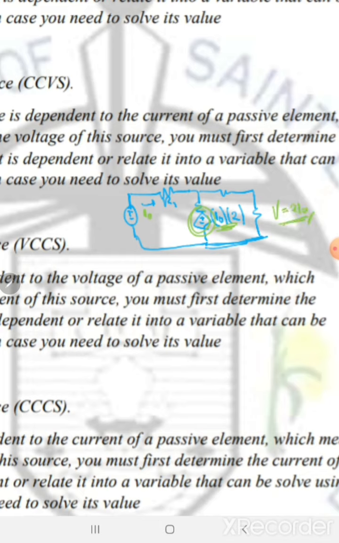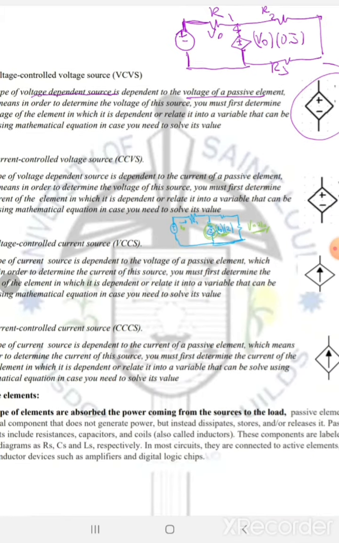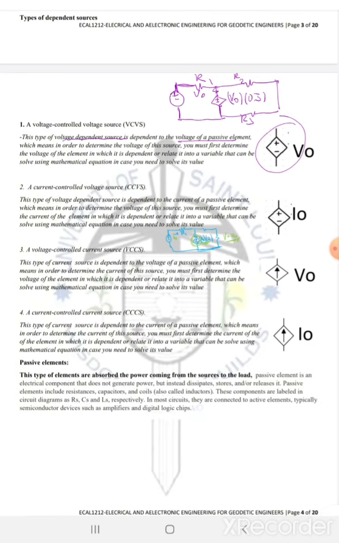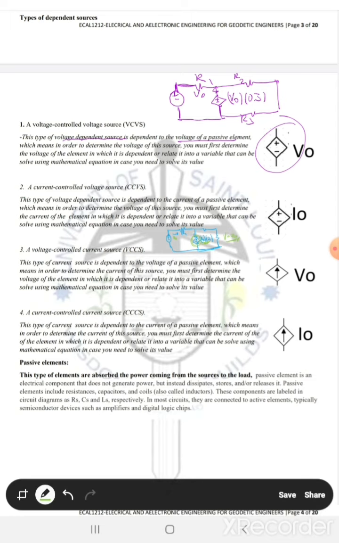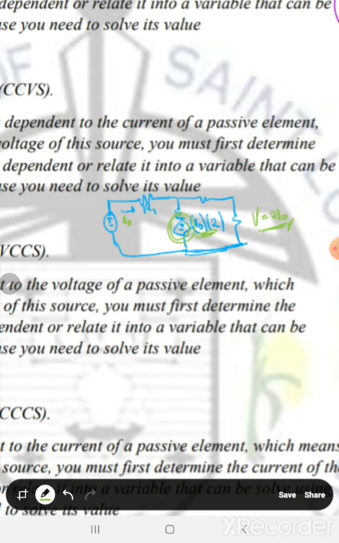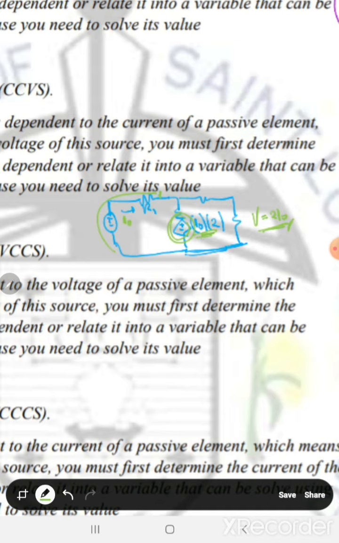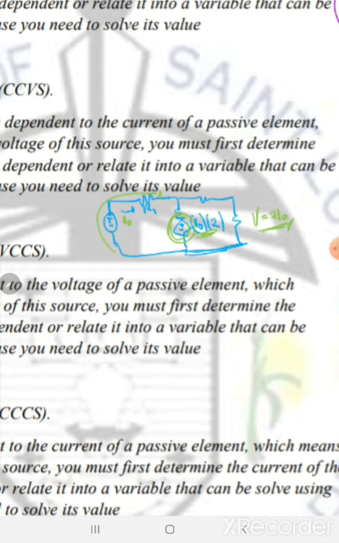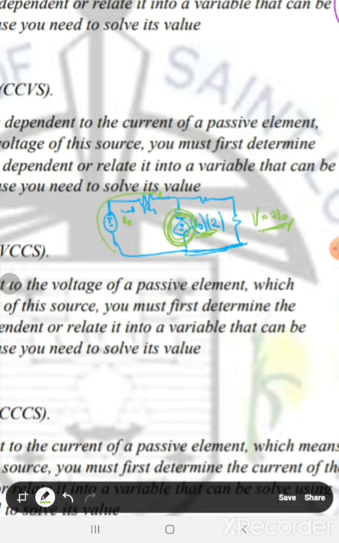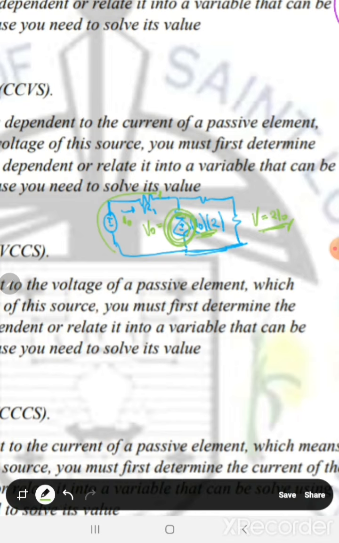That is the meaning of your current controlled voltage source, which means that the current in this branch is controlling the voltage of your VO. Okay? VO is equal to IO multiplied by 2.